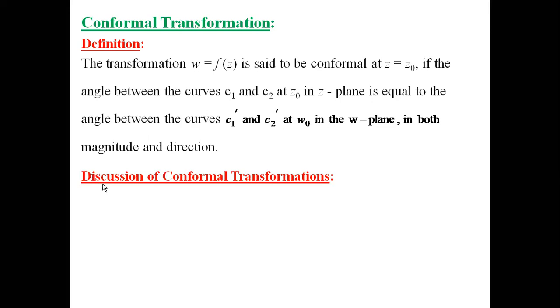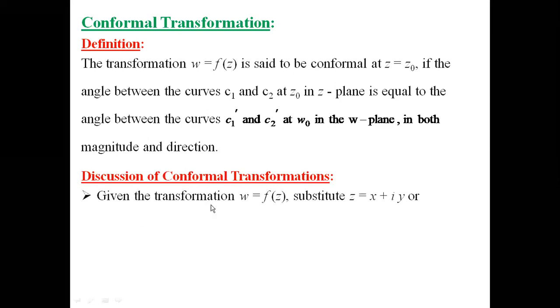Now we are going to discuss conformal transformations. There are three transformations to discuss. So in the discussion of conformal transformation, given the transformation W is equal to f of z, we substitute the Cartesian representation for z, x plus iy, or the polar representation r e power i theta, to obtain u and v as functions of x comma y or r comma theta.